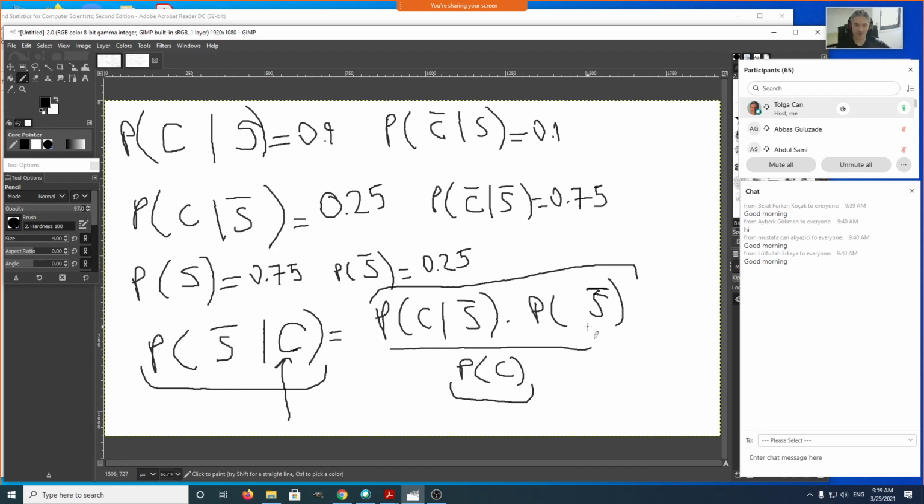The probability of not studying for the exam is 0.25. So both numerator terms are 0.25. What is not given to us is the probability of answering correctly unconditionally, since we don't know whether the student has studied or not.